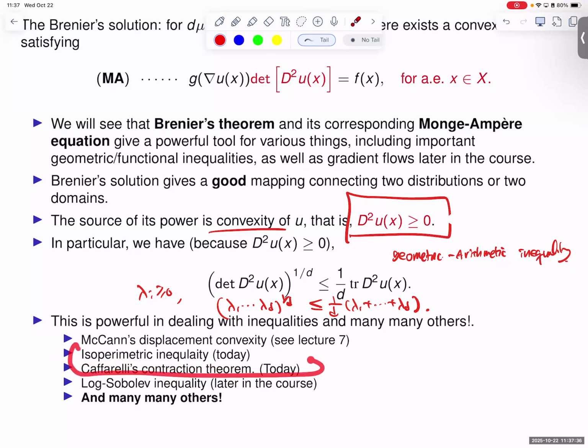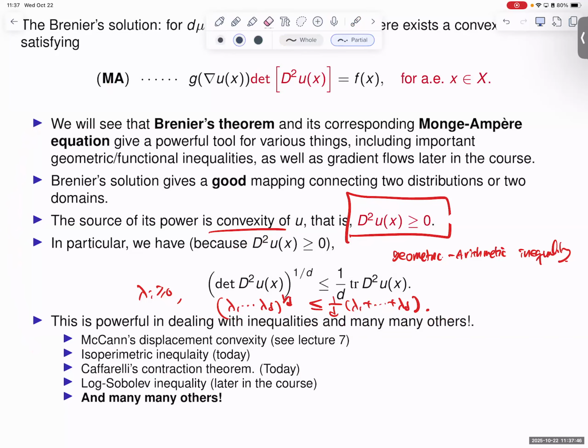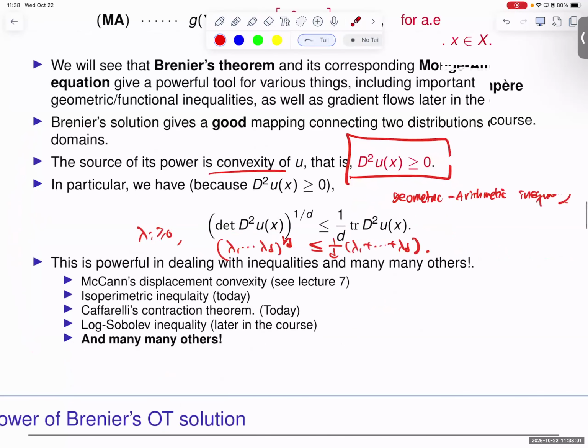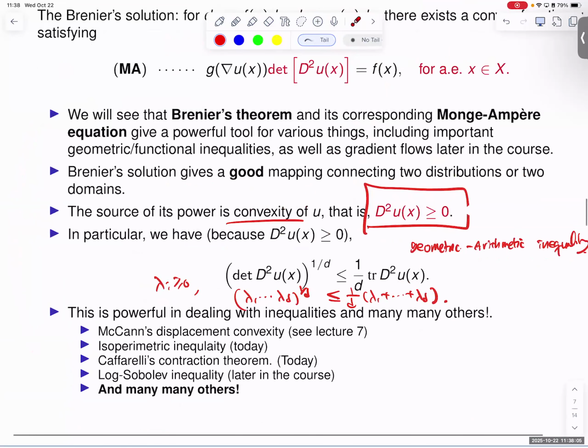Later you will also learn that using this Monge-Ampère equation with this kind of property for the Brenier solution, you can prove other interesting things, including the log-Sobolev inequality in probability, and it has many other consequences. Okay, any question so far?